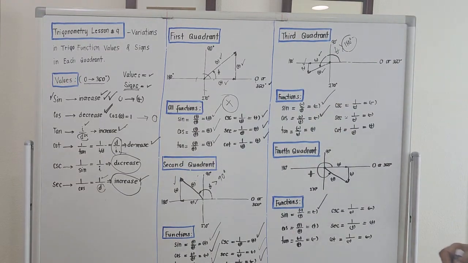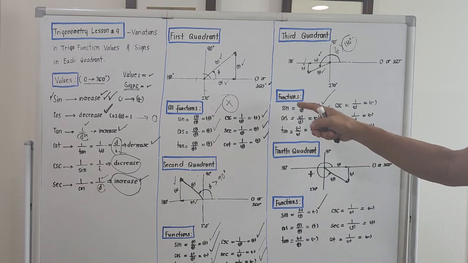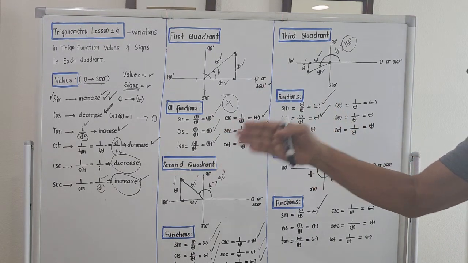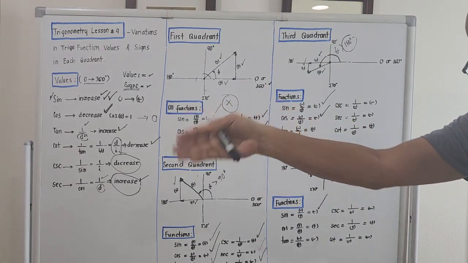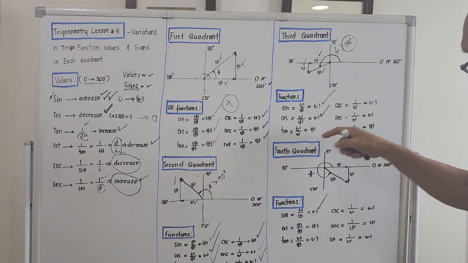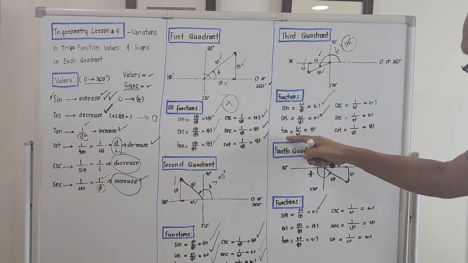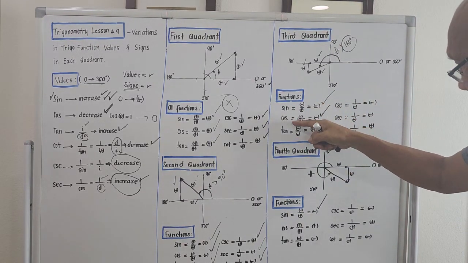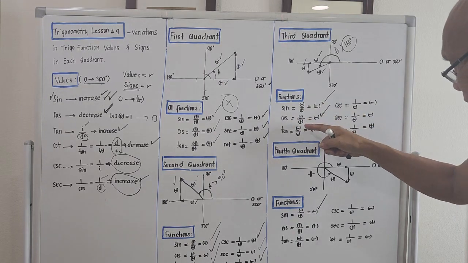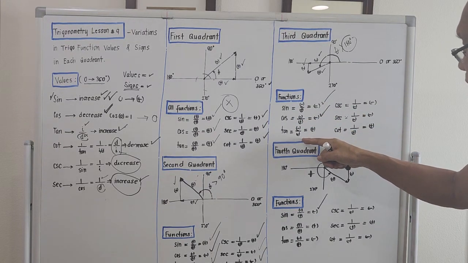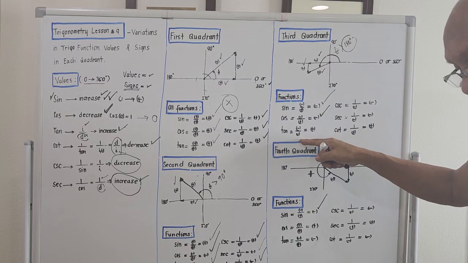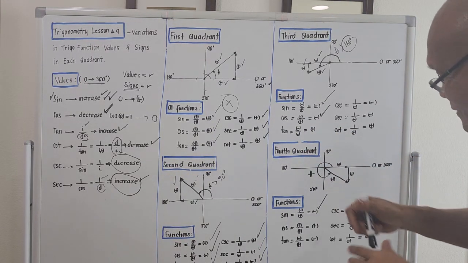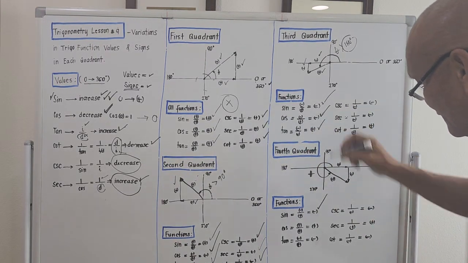Right? Since we now know the value of sine and cosine, we just apply our knowledge of the definition of the different functions, so we could derive the last four. Tangent is sine over cosine, right? So it should be a minus over a minus, okay? Fundamental operations, algebra, a plus.